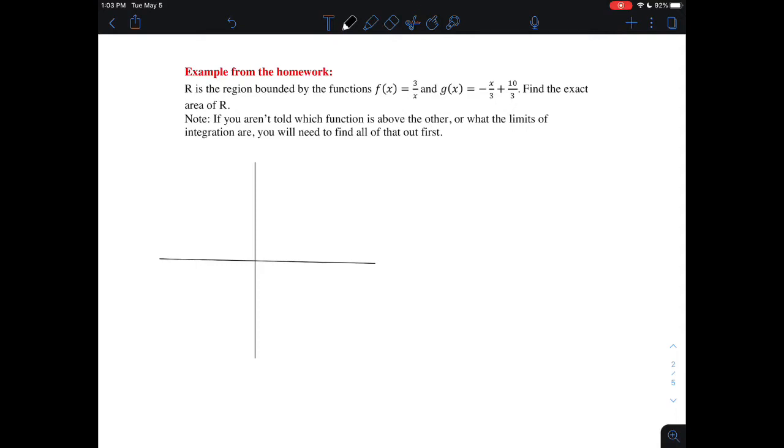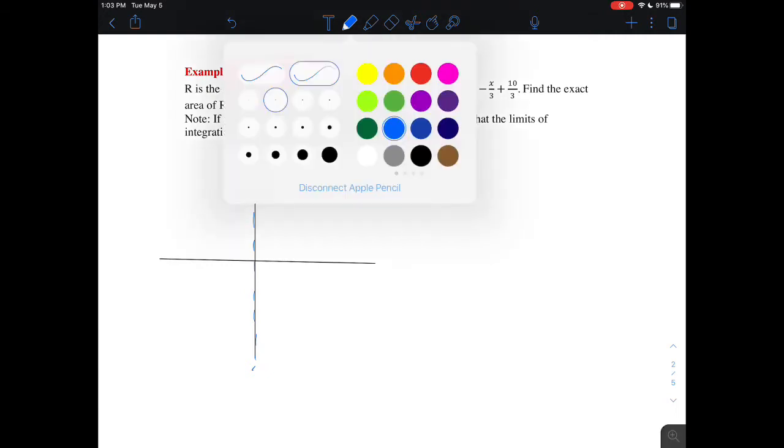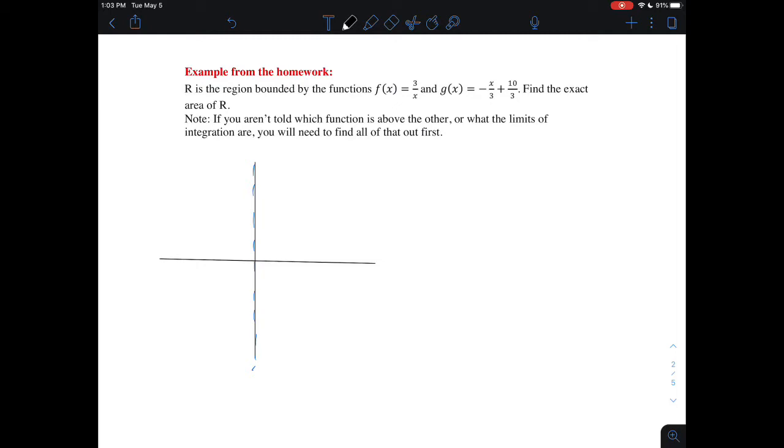And let's see. f of x equal 3 over x. That has a vertical asymptote at x equals 0. It's going to be a hyperbola shape. We can plug in a couple of numbers to help us out with this. Like how about 1 and 3?